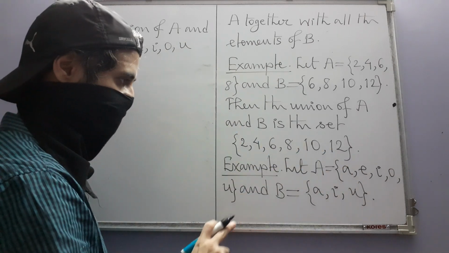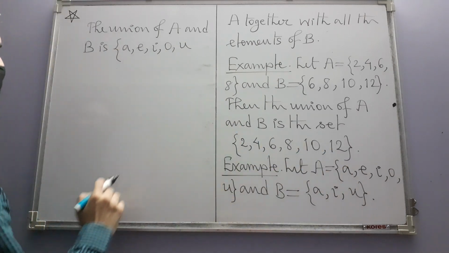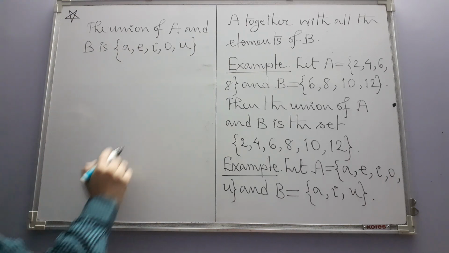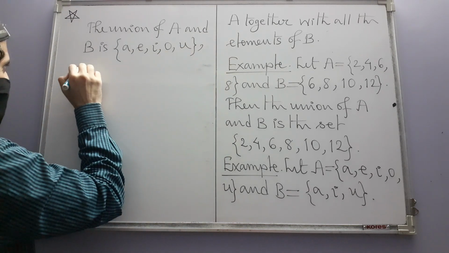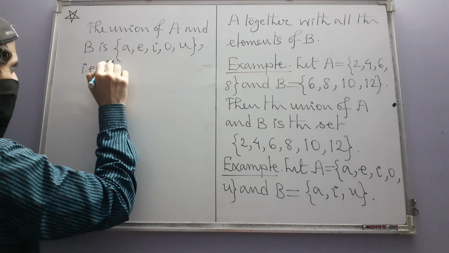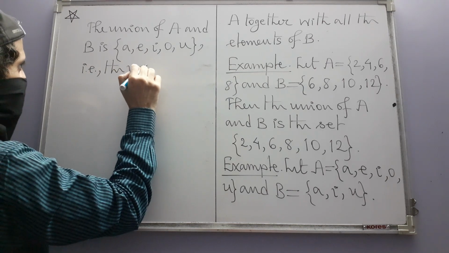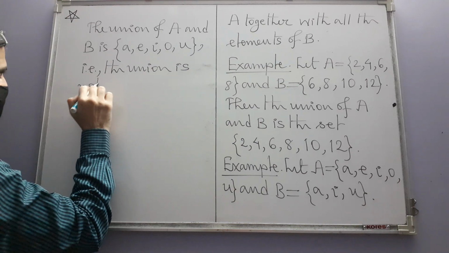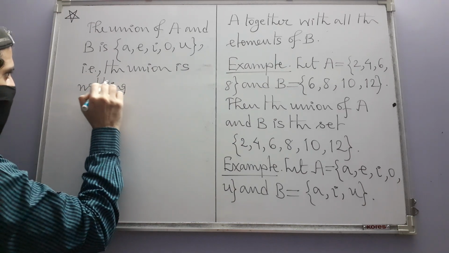I is also already there and U is also already there. So we don't get anything new, and this is the union. I.e., the union is nothing but A.